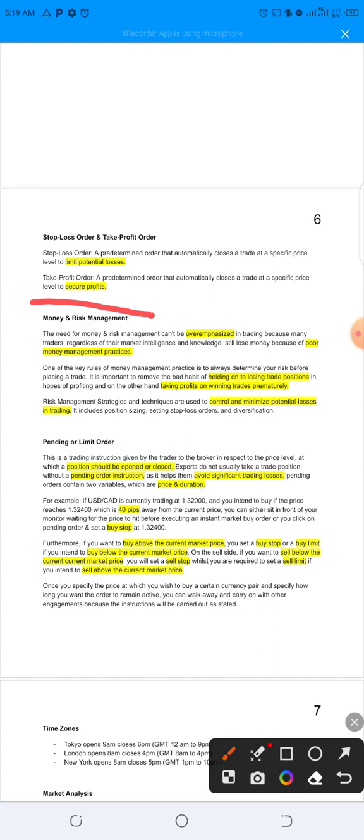Like I said, the first thing I told you was your lot size. That's in the previous video on lot size. And the second one is risk management. I just briefly explained that even good, professional traders can lose a lot of money if they have poor risk management or money management.